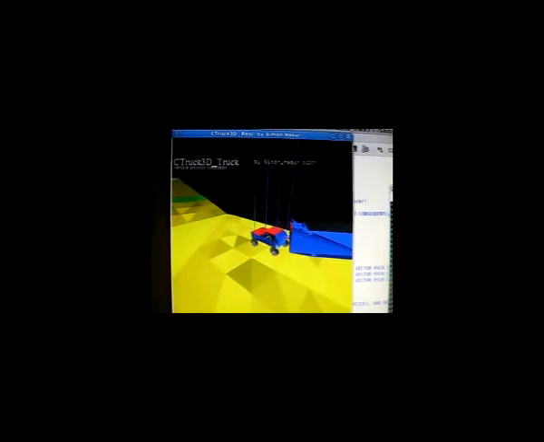Okay, let's see. You can see that despite collisions, it still keeps the two bodies together.